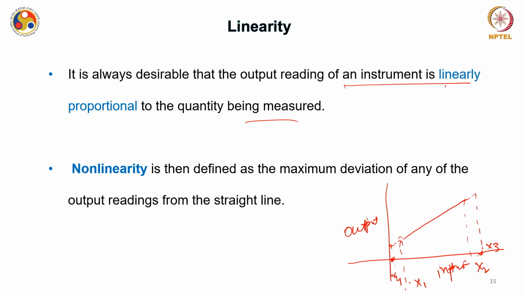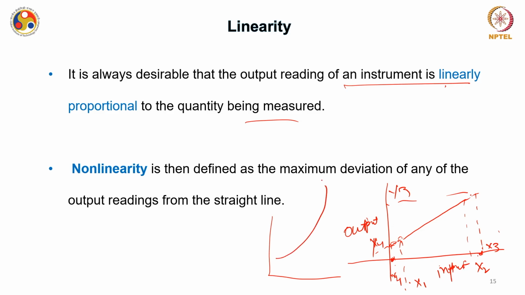The linear characteristic of the device can be extrapolated in these two ranges. Because this is linear, I know the slope, I can find this by extrapolation techniques. So, both output for x3, say it is y3, and for x4, say it is y4, can be found by this extrapolation. Now, if it was non-linear, the characteristic was something like this.